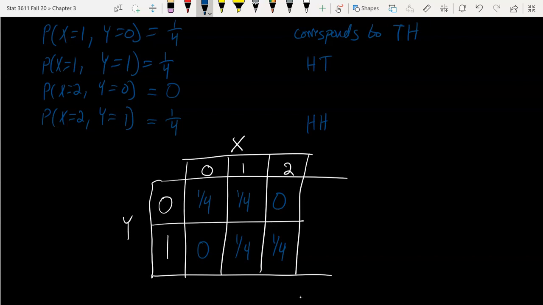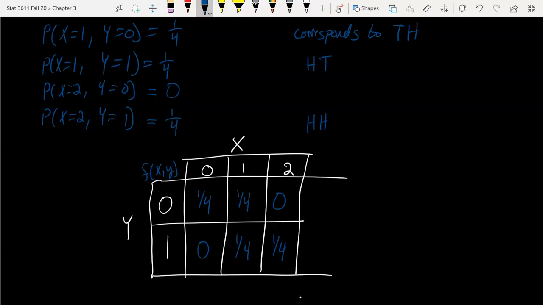Now, what we have in our table here is really just the way we would express what's called the joint probability distribution. This gives us the joint values, the function f of x comma y, the multivariate function f of x, y. This is a joint probability distribution that gives you all the possible cases for x and y and all the probabilities.